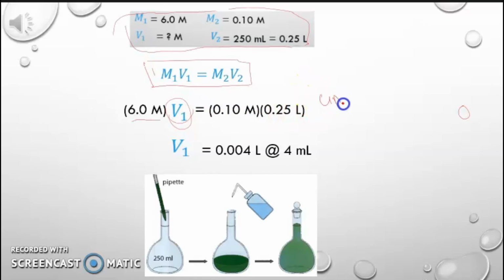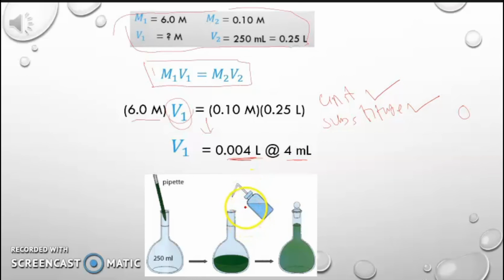Make sure that you get all the units correct, and then substitute the numbers correctly. Okay, so V1, you can solve it mathematically. V1 equals 0.004 liters, or simply 4 milliliters.